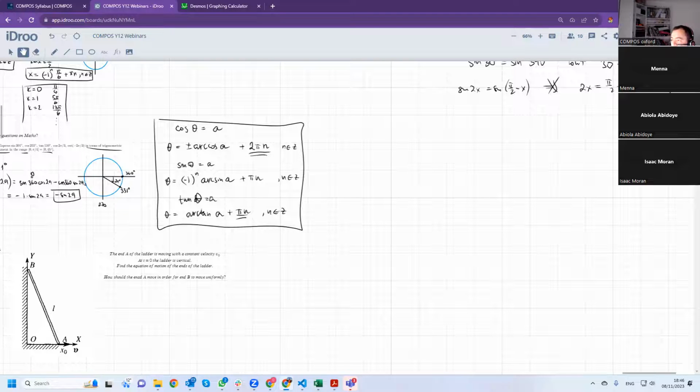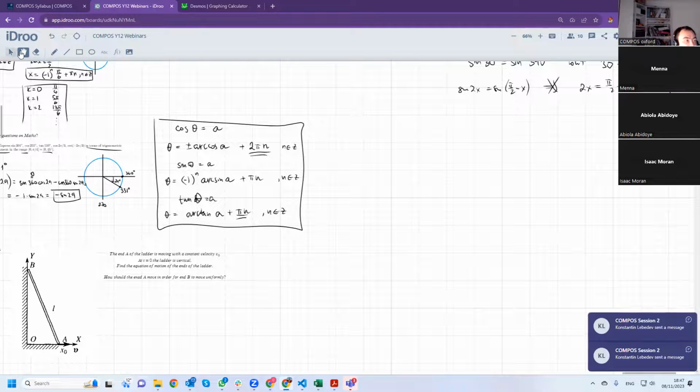How would you apply this technique to cot? Oh yes, you can use that. Of course.